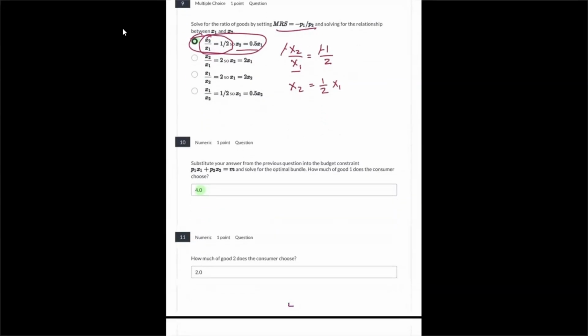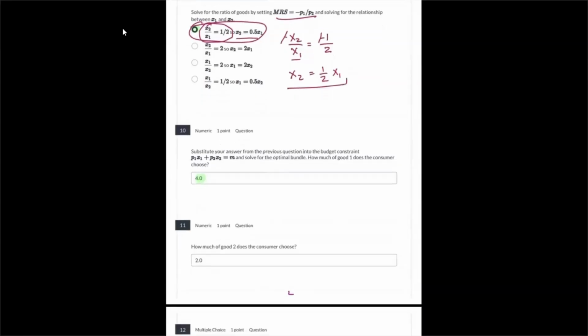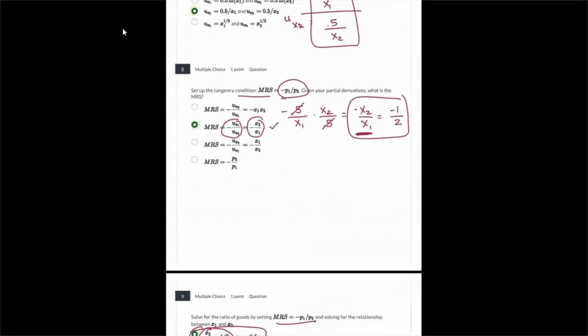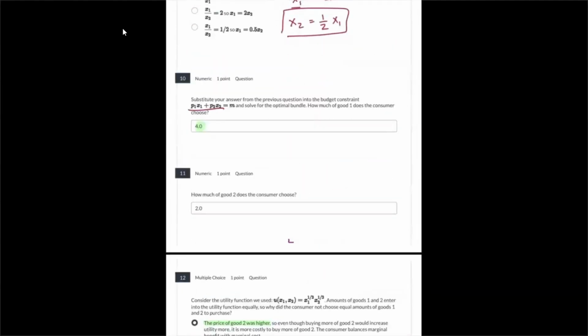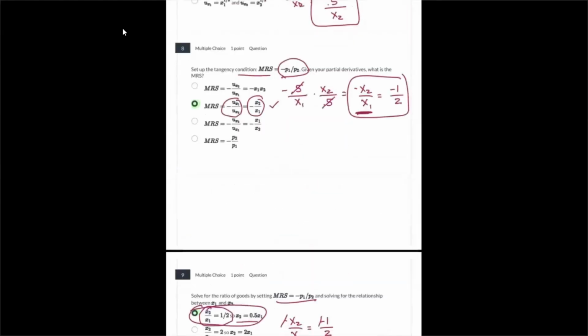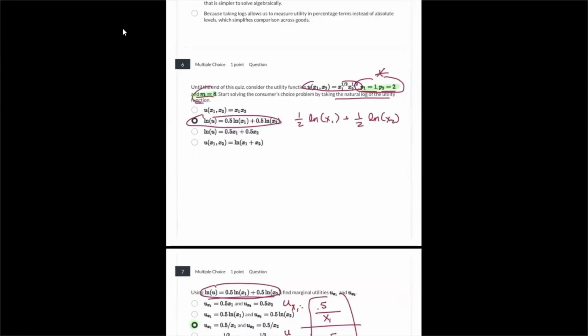And now to finish up the choice problem, we take this optimal ratio and we sub it into the budget constraint. Our prices were what? Prices were 1 and 2. So our budget constraint goes 1 x1 plus 2 x2 equals an income which was 8.